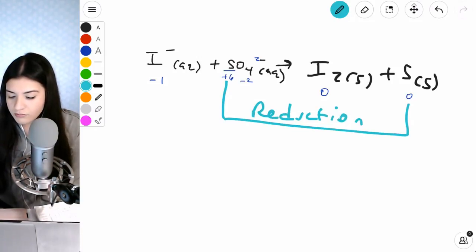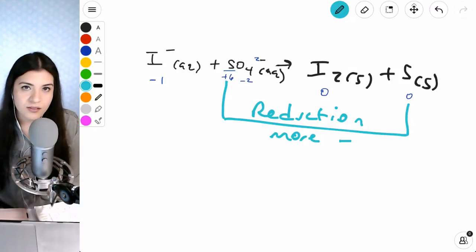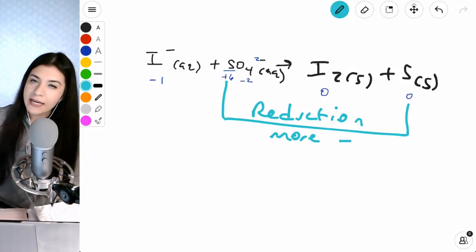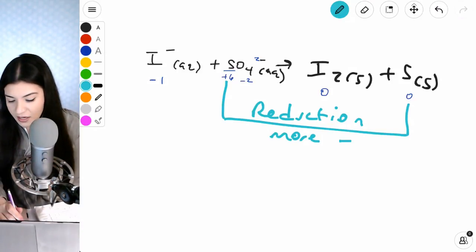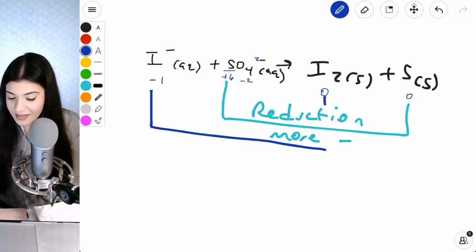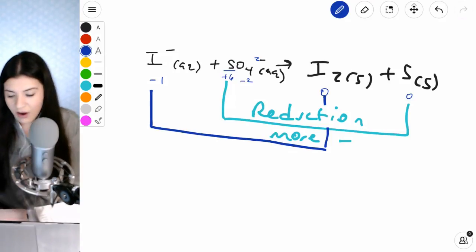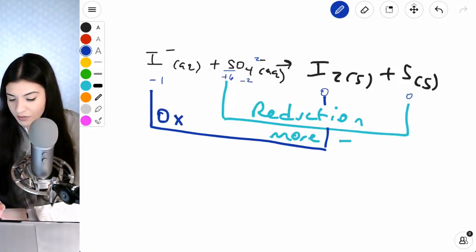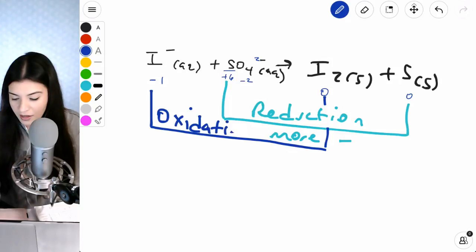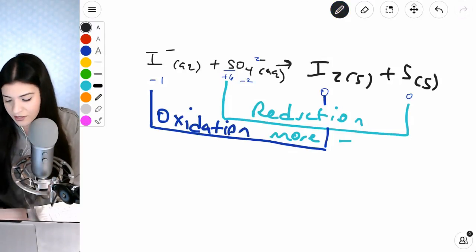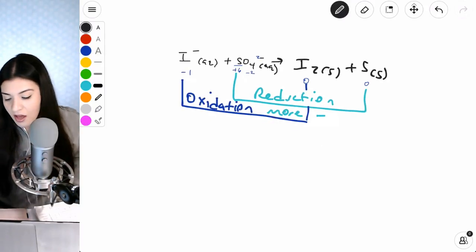Anytime we become more negative, that's reduction because we're actually gaining electrons. And anytime we become more positive, which in this case, we went from -1 to 0, that's oxidation. Oxidation is losing electrons, and that's why it becomes more positive, since electrons are negative.